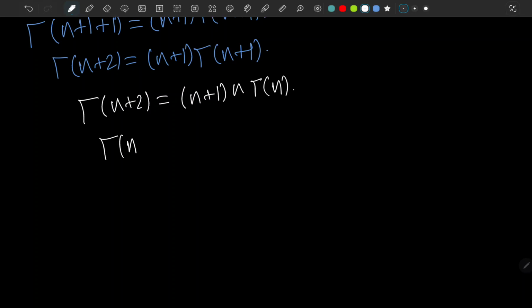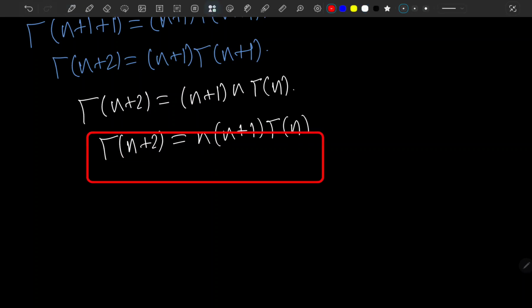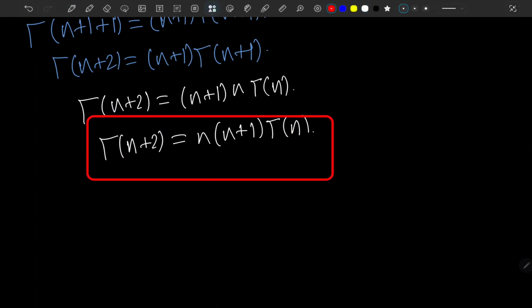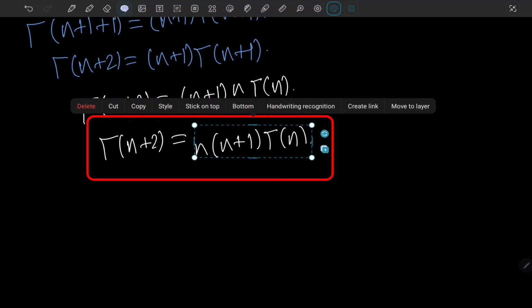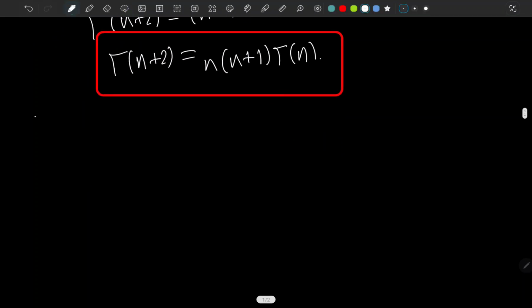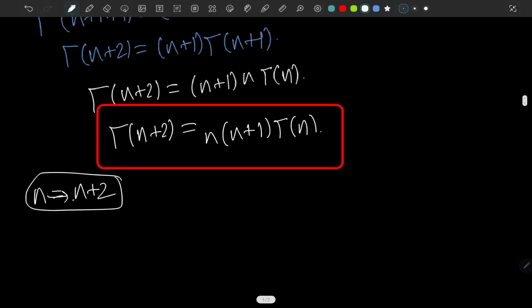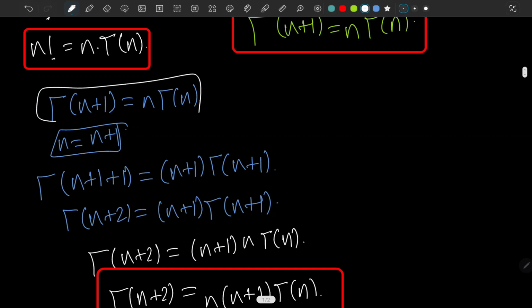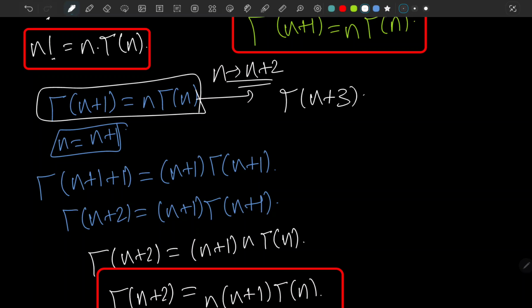Now when you replace n with n plus 2, this becomes gamma of n plus 3 is n plus 2 times gamma of n plus 2.